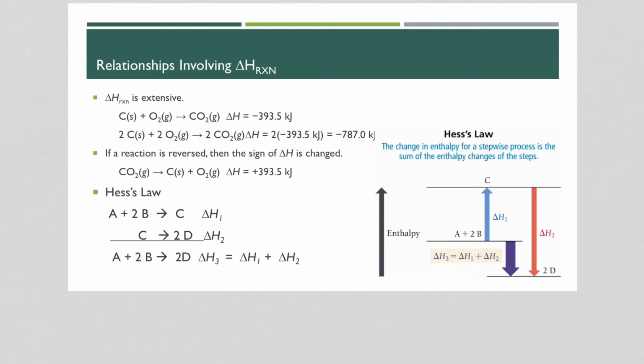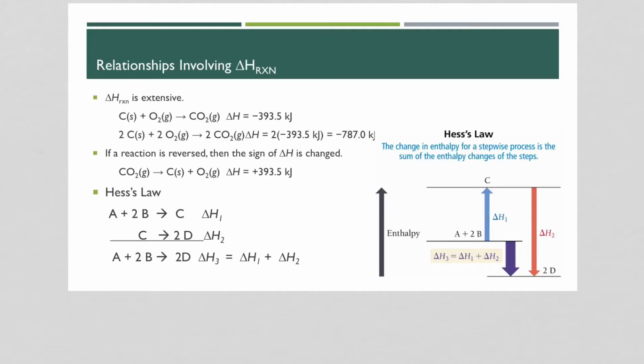But what if I were to double, right? So what if I wanted to know the delta H of reaction if I take 2 moles plus 2 moles to give 2 moles? Well, it's extensive. So since I doubled the coefficients, I'm going to double the amount of enthalpy change.